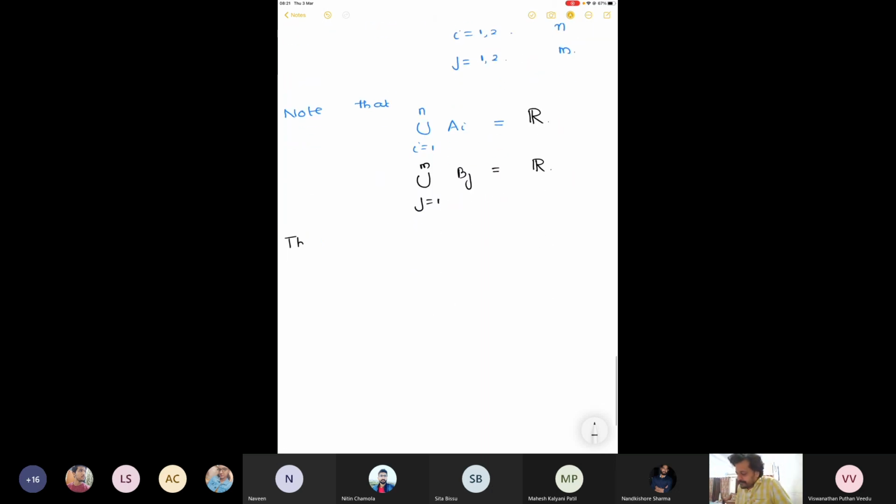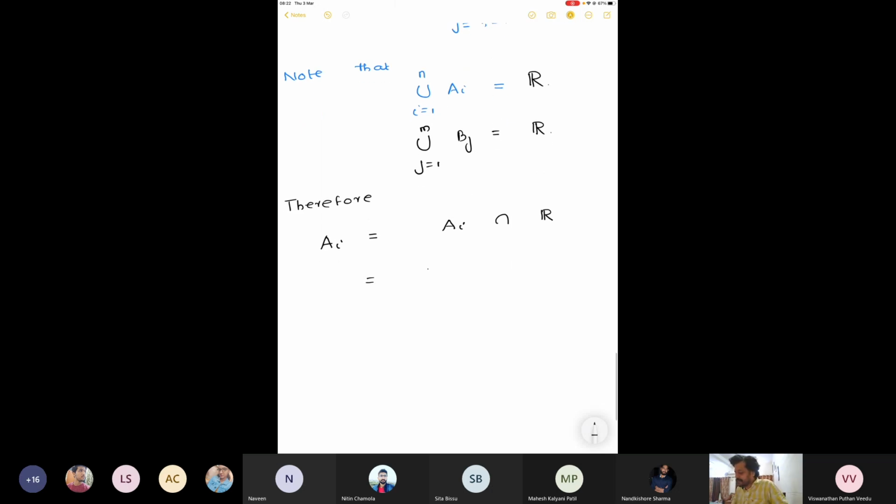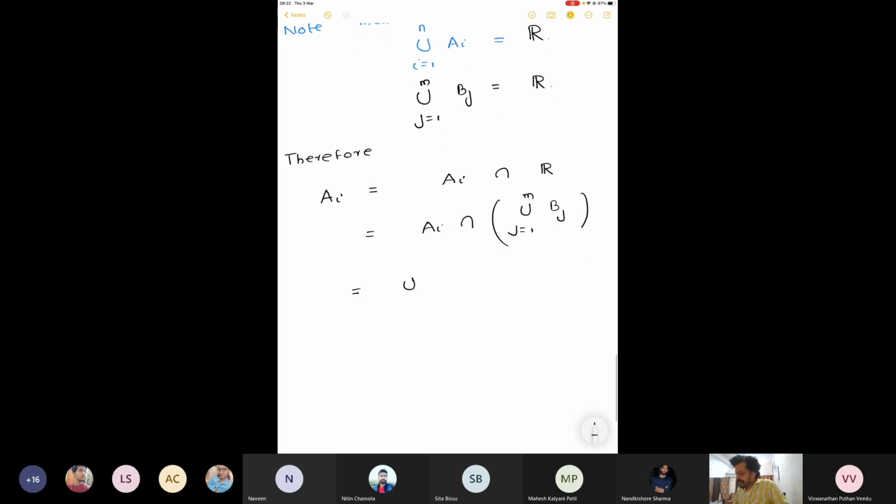Therefore, this we have commented in the last lecture. Once you have a canonical representation, we have this. Therefore, A_i, which I can write as A_i intersection R, everything is happening inside R, that is equal to A_i intersection, R I will replace by union B_j, j equals 1 to m, so that A_i will be union j equals 1 to m of A_i intersection B_j.